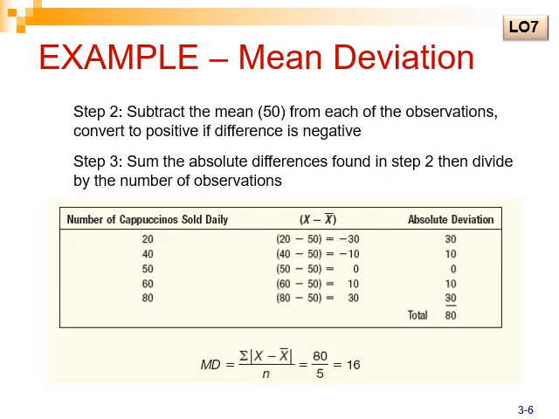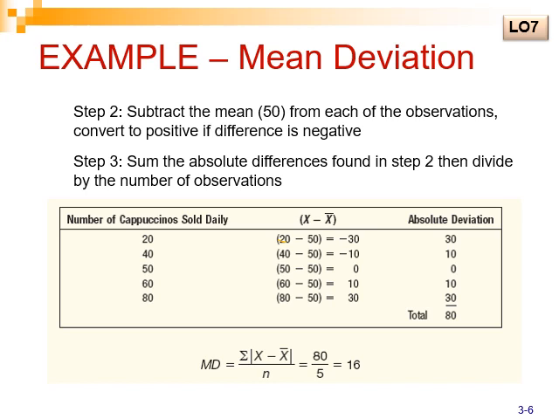Then we will make a table to simplify the calculations and subtract the arithmetic mean from each item. For the first day, 20 minus 50 equals negative 30, keeping its sign.